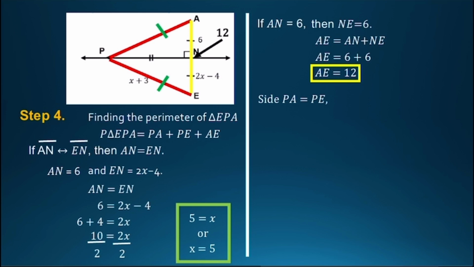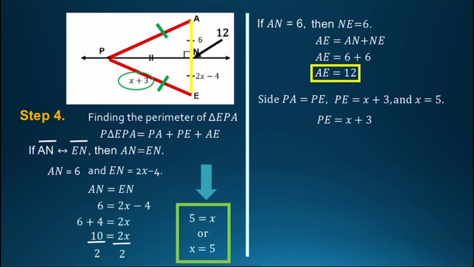side PA is equal to PE, and PE is equal to x plus 3, and x is equal to 5. So let's substitute the value of x. So we have PE is equal to x plus 3, and if we substitute the value of x, we have 5.